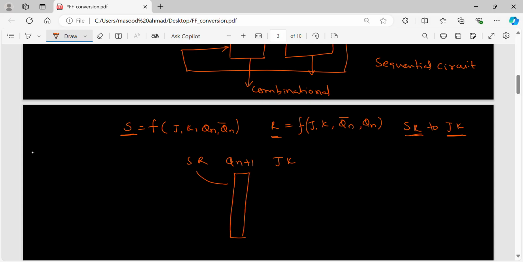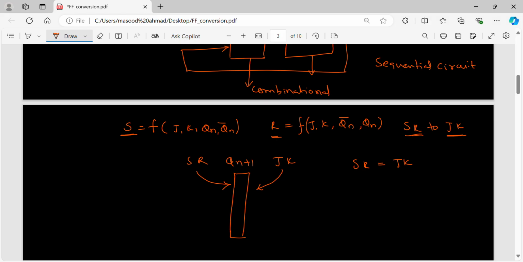If SR is producing some output and JK is also producing the same output, then I can say the SR flip flop is equivalent to JK. So that is what we try to do: for a given flip flop we write the truth table, and we try to get the same truth table from the other.